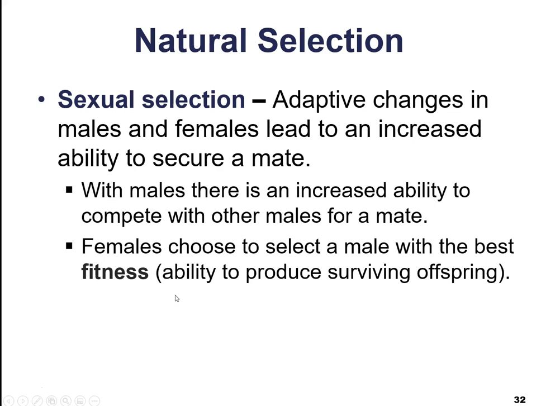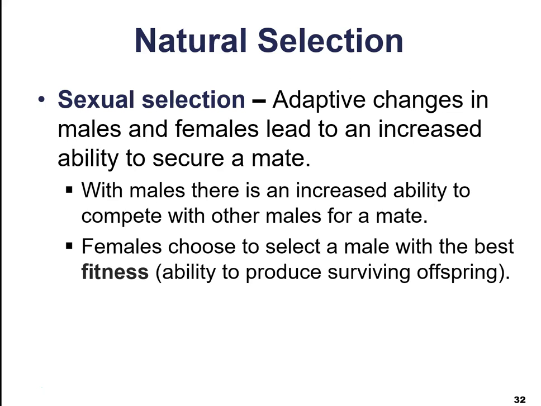Okay, all right. Another form of, or something that has to do with natural selection, is something called sexual selection. So there are adaptive changes in males and females that will lead to an increased ability to secure a mate. Obviously, this is going to affect your fitness within that population. So there ends up being, in males, an increased ability to compete with other males for a mate.